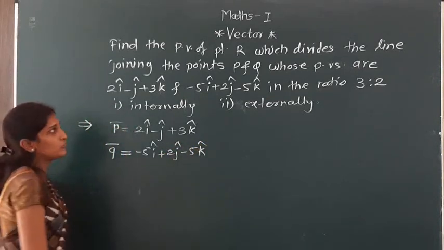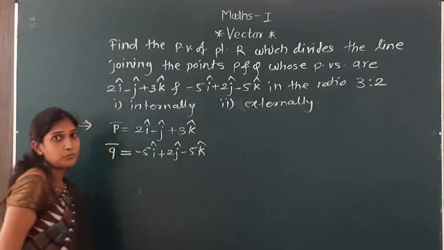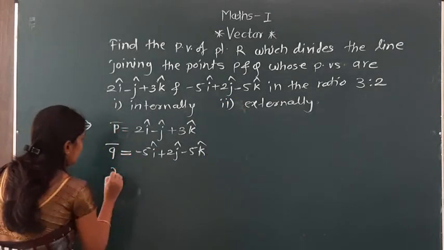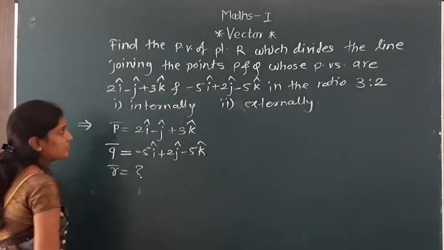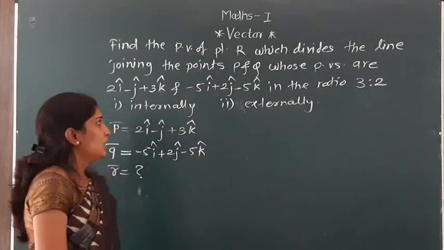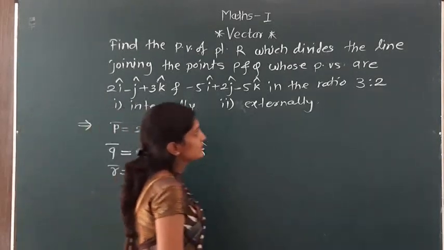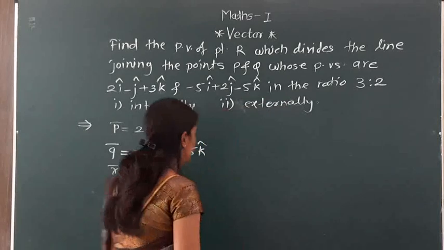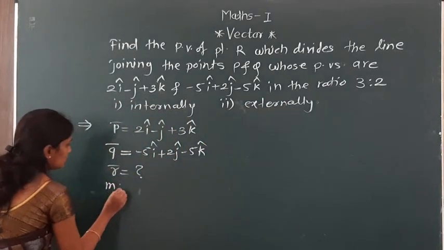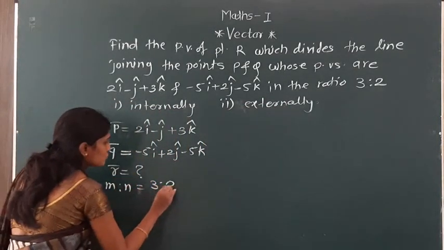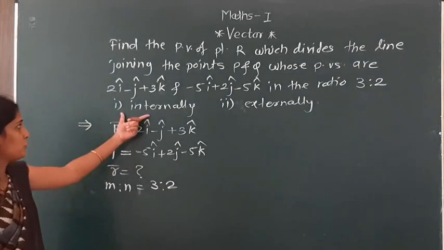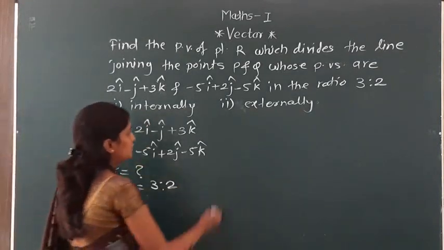We have to find the position vector of point R, that is R bar. In which ratio does it divide? That is 3:2, so m:n is equal to 3:2. Firstly, we have to find the internal division.